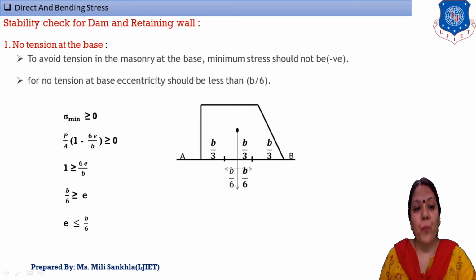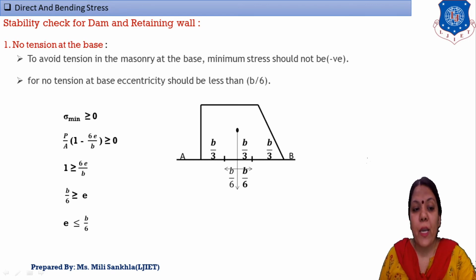Now P by A is removed, so 1 minus 6e by B greater than or equal to 0 is left. Shifting the term to the opposite side, 1 is greater than or equal to 6e by B, and the negative sign is converted into positive.